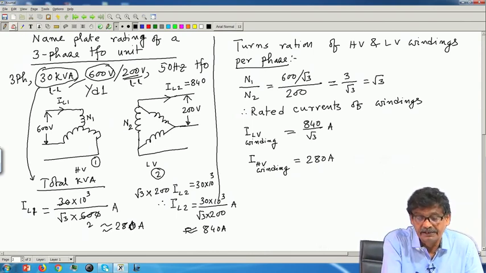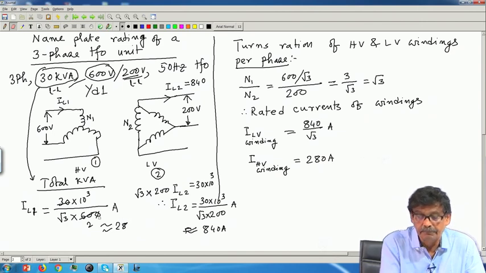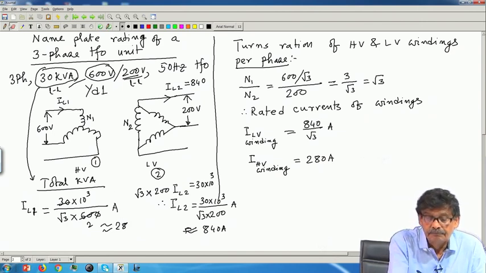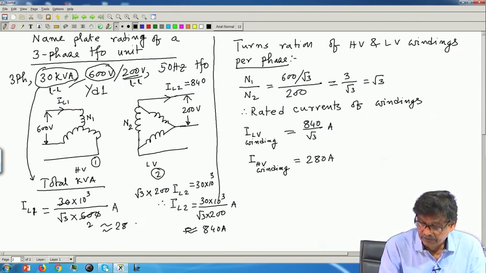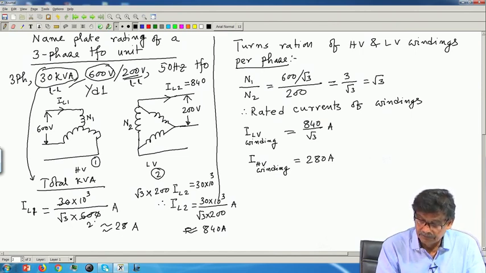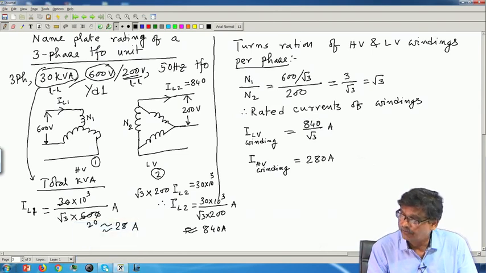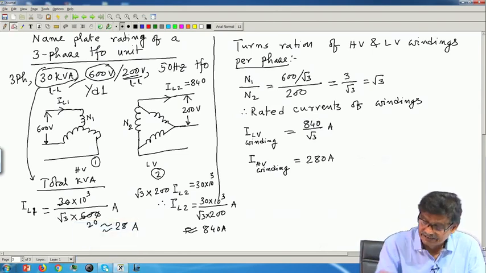Let me correct it. So, for this connection this will be 280 ampere, please. This is 280 ampere, sure? 1000 by 20 root 3, that is the mistake, and it was 84. Please correct that.